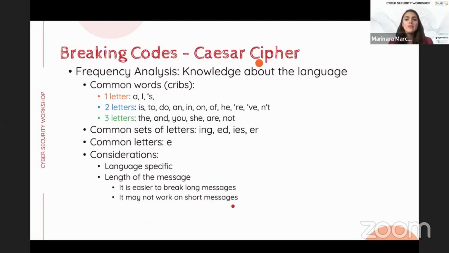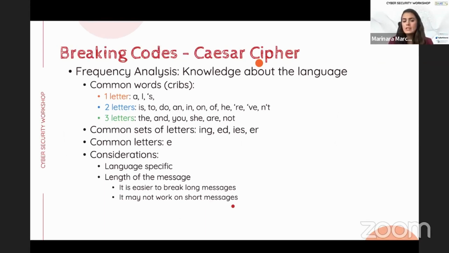If you get a message that's only like 3 letters, or 5 letters, it's going to be hard because you can't see these patterns. You don't know what exactly is written there. In this method, you're relying on analyzing the text to find trends, to find patterns in the text. If the text is small, you won't find many patterns there. Does that make sense?